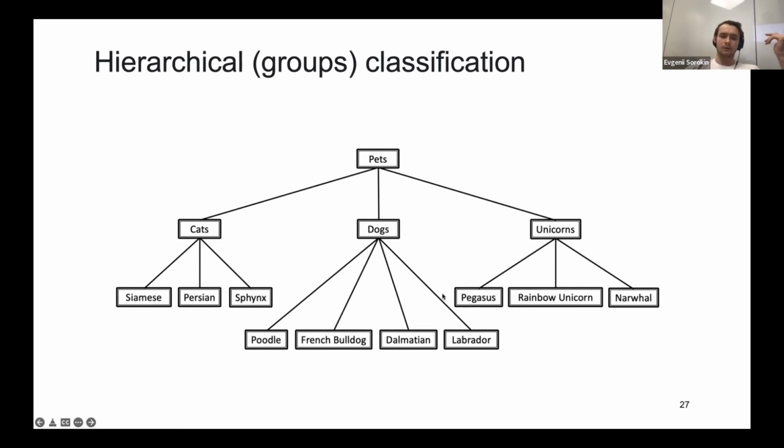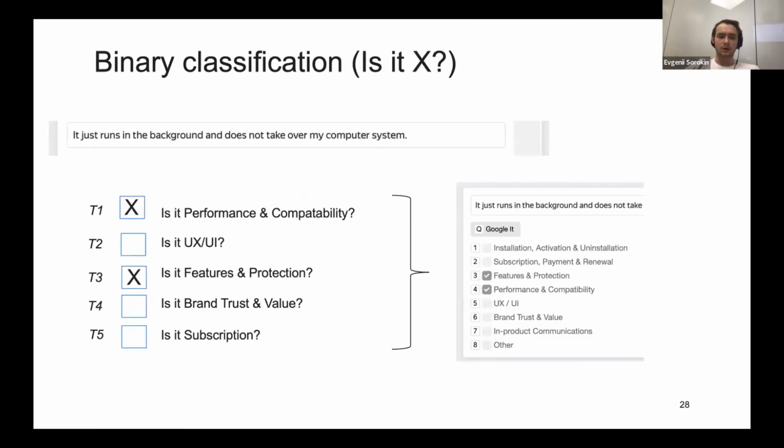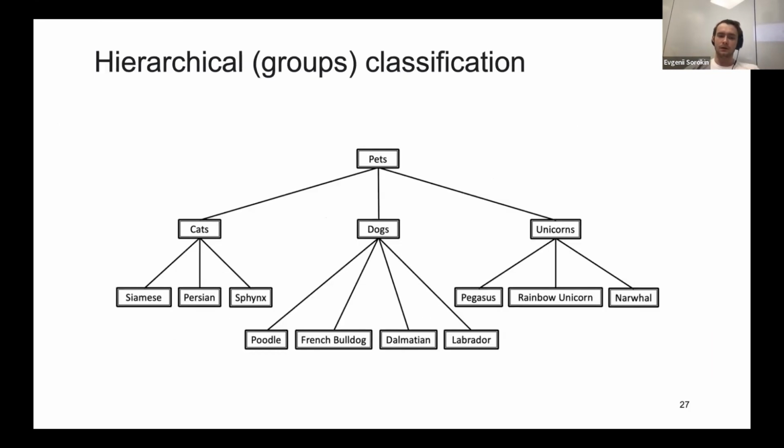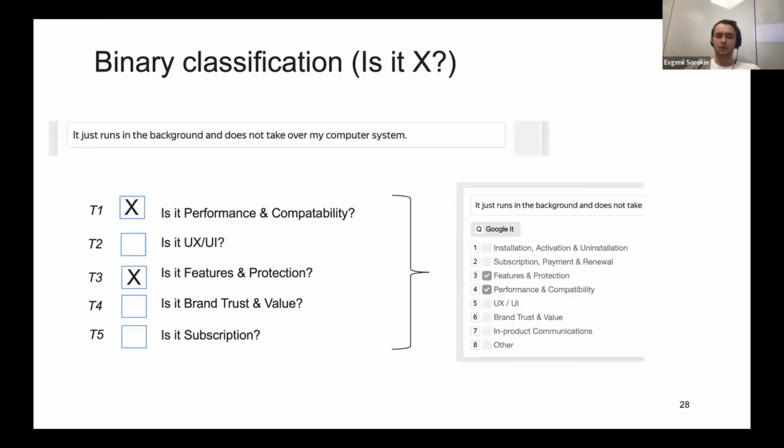And for binary classification, you can transform the whole problem, either group or all the classes, into multiple questions of binary type. You simply show each unique Toloka a unique question. There is a statement for Toloka number 1.